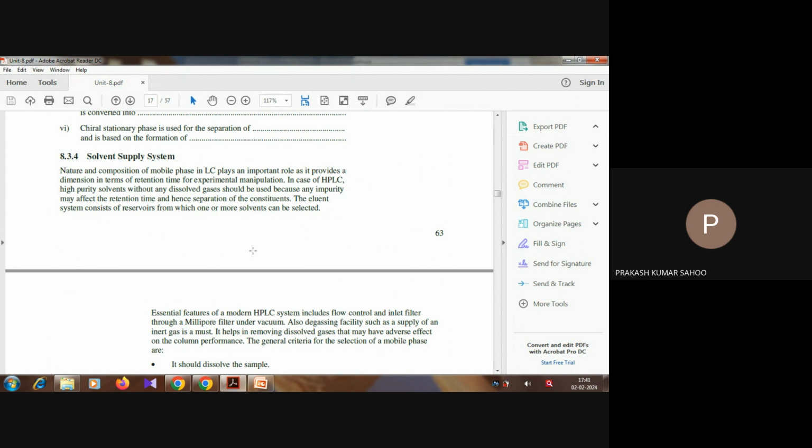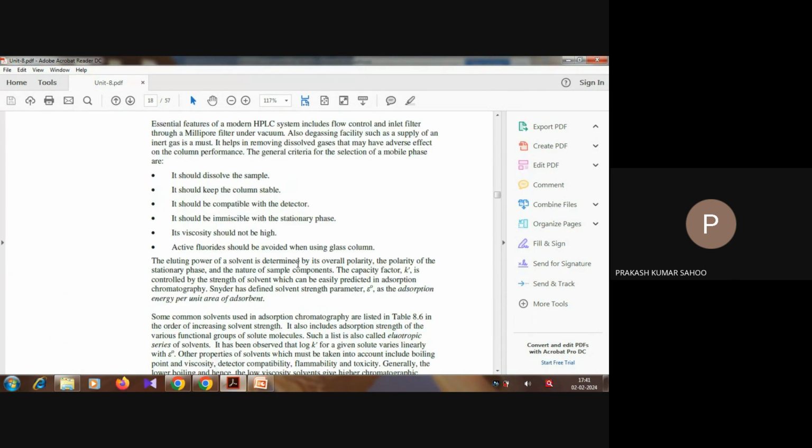So in that sense, this solvent should be selected. This mobile phase, that is the solvent, should not react with our solid phase, that is the stationary phase. It should dissolve the sample. So this is the first point. It should keep the column stable. That means it must not react with the column.